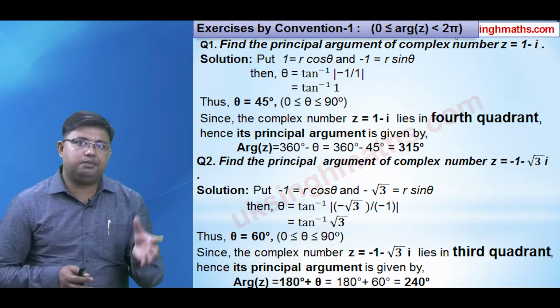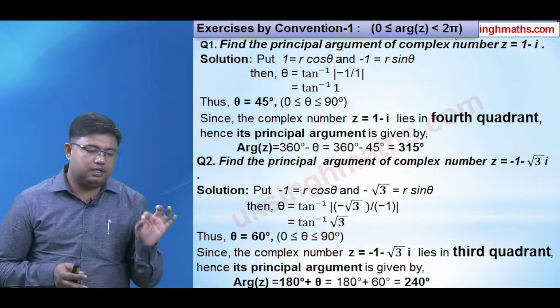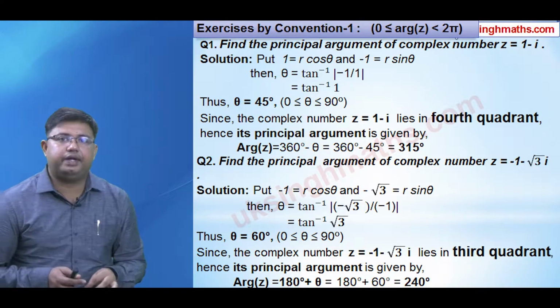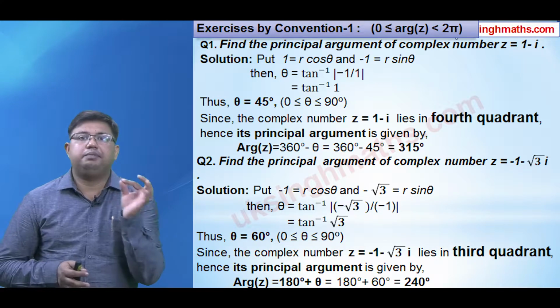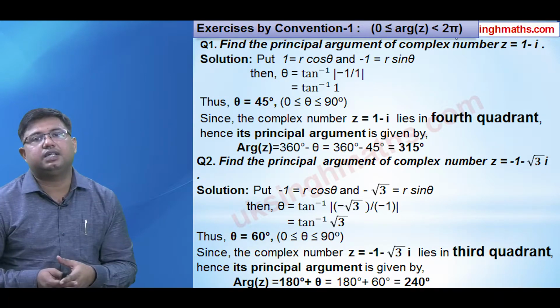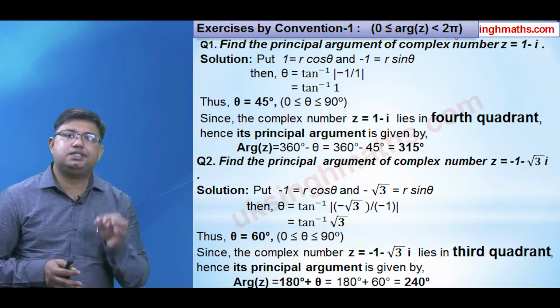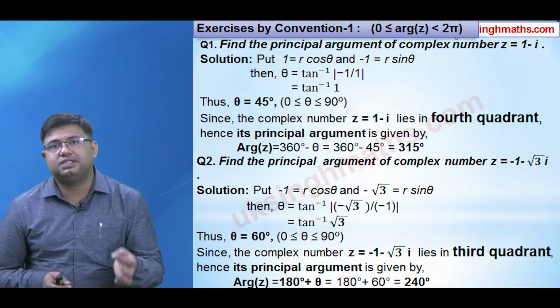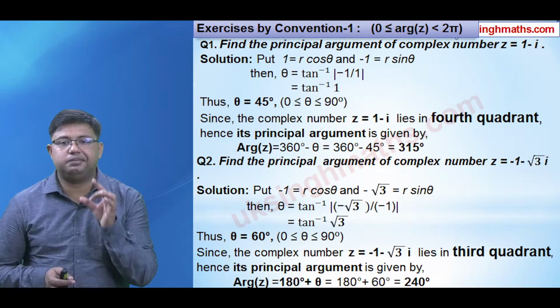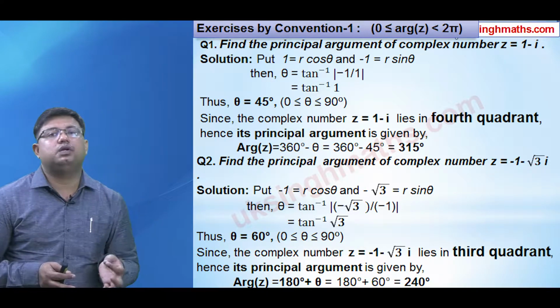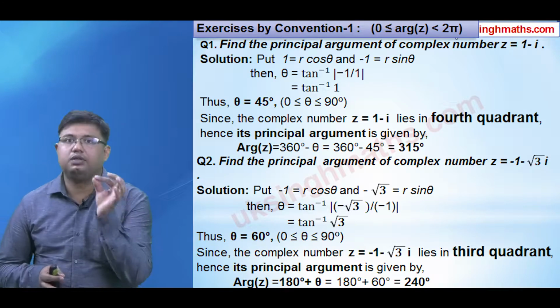And according to the table, if a complex number lies in the third quadrant, then its principal argument is given by pi plus theta or 180 degree plus theta. So here theta is 60 degree. So 180 degree plus 60 degree equal to 240 degree is the value of the principal argument of this complex number z equal to minus 1 minus root 3i.